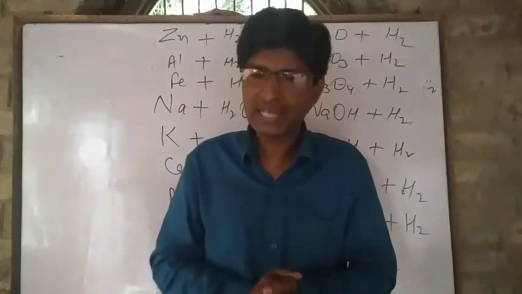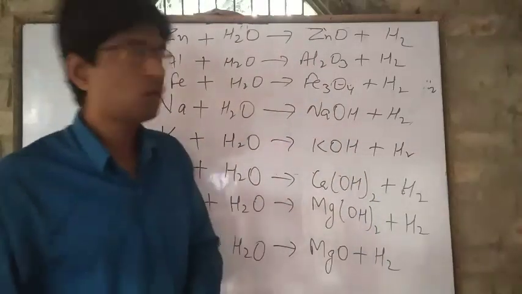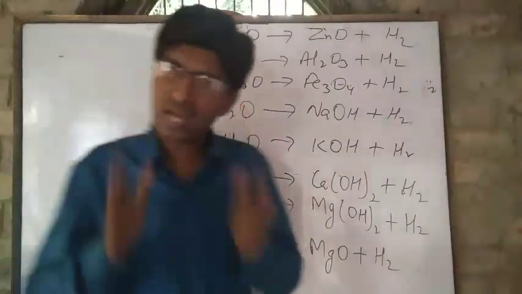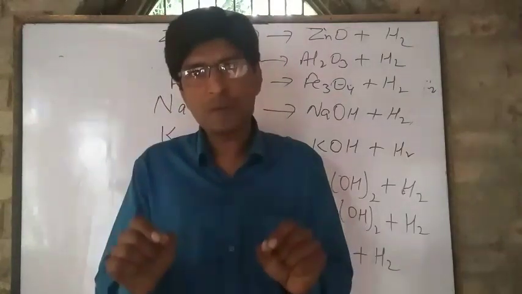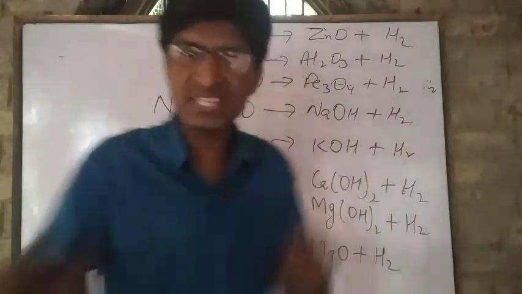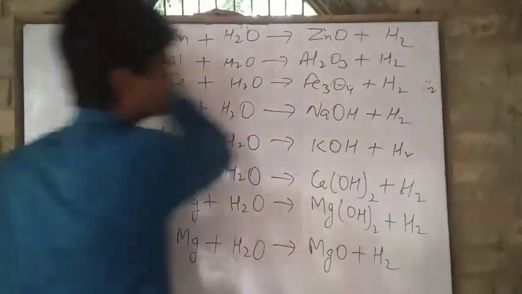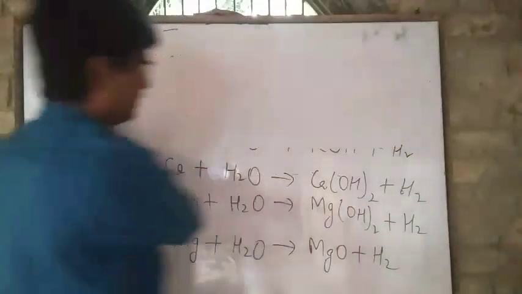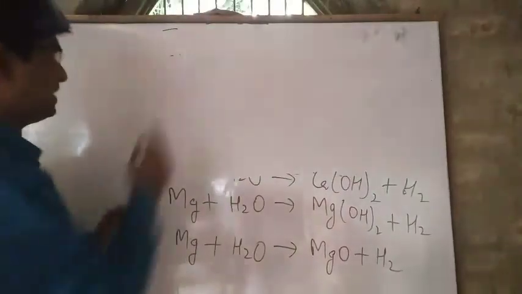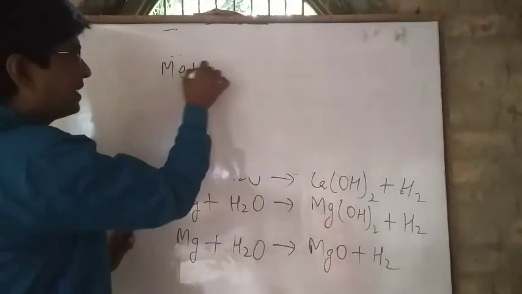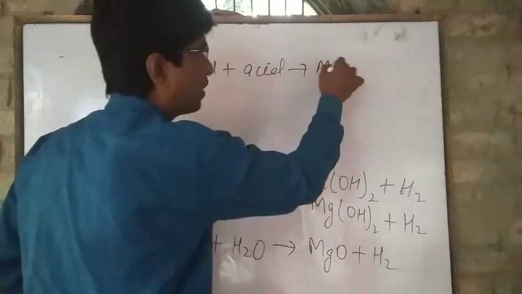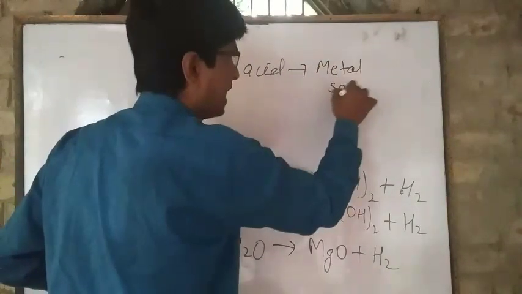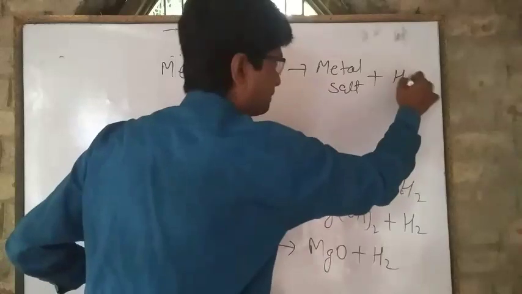Dear students, now we will discuss the third chemical property of metals, reaction of metal with an acid. Dear students, what happens when a metal reacts with an acid? As you know, when a metal reacts with an acid, a metal salt is formed and hydrogen gas is also evolved.